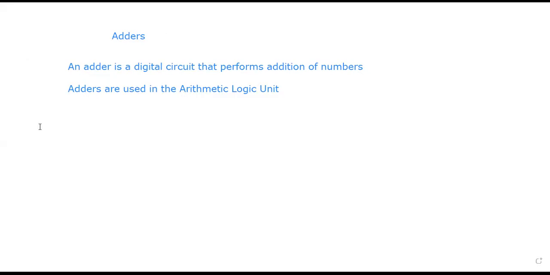The half adder is used to add two binary numbers. You will ask me why it is used only to add two binary numbers.